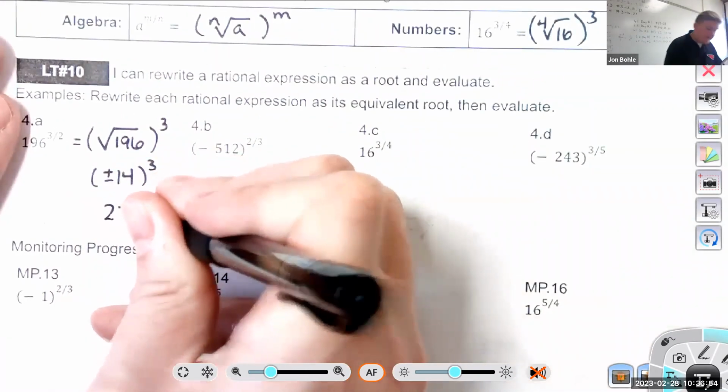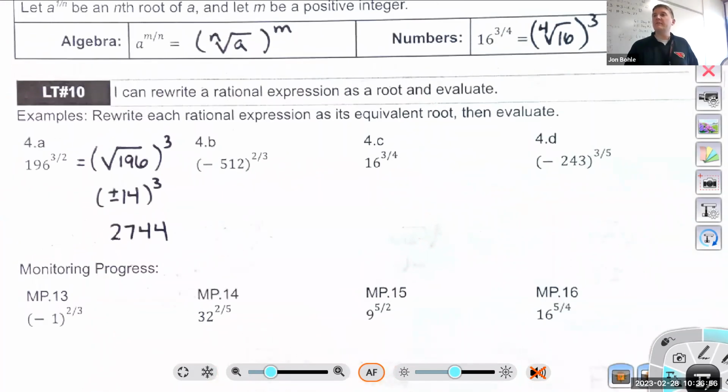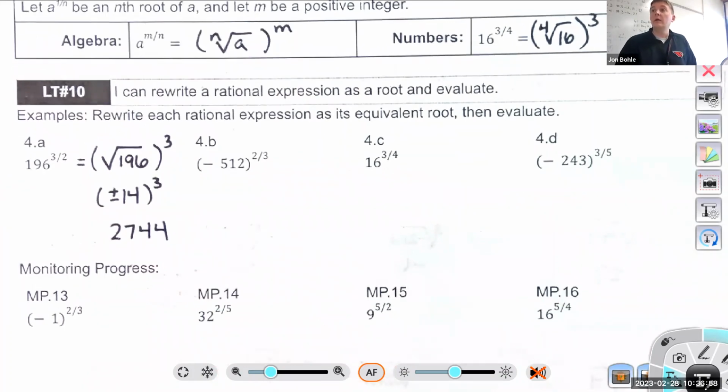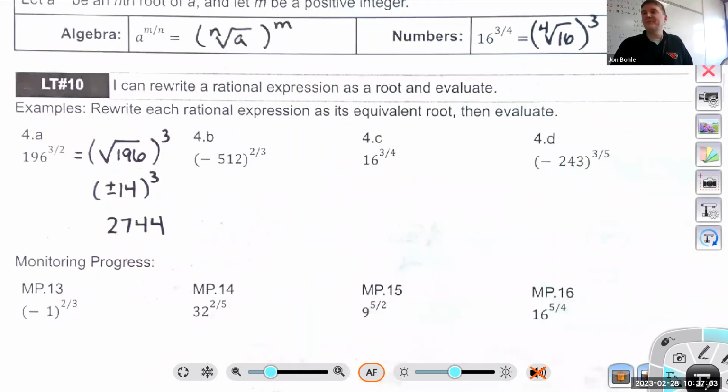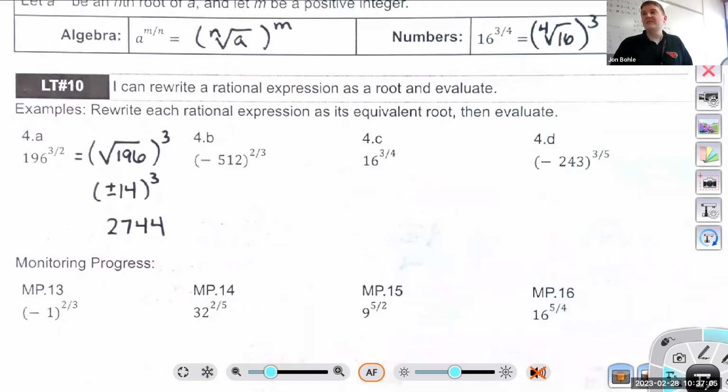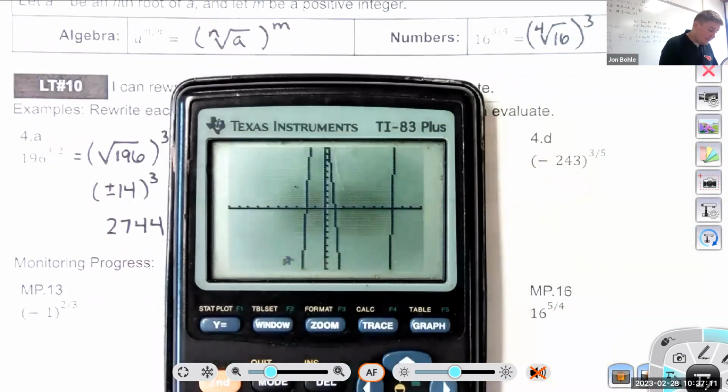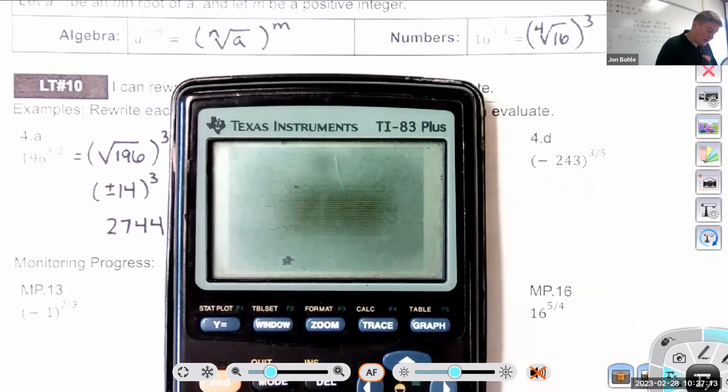Is that going to be positive, negative, or positive and negative? I think I heard all 3 options. Is it positive? Is it negative? Or is it positive and negative? Let's find out. So here I'm going to take negative 14 times negative 14 times negative 14.